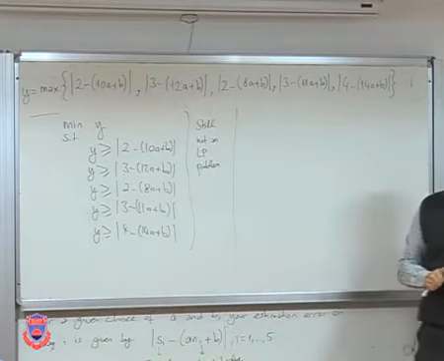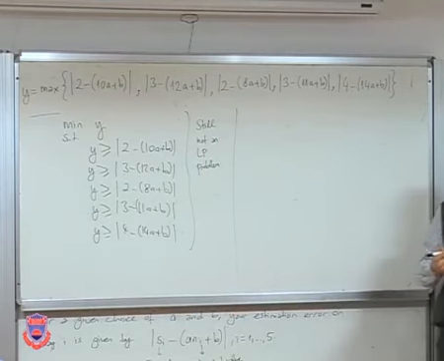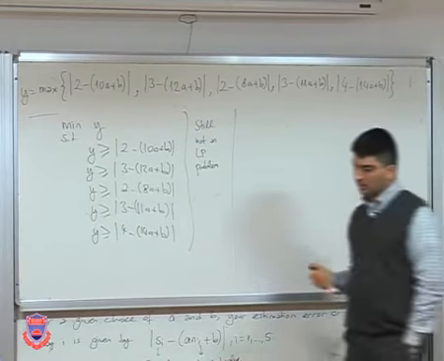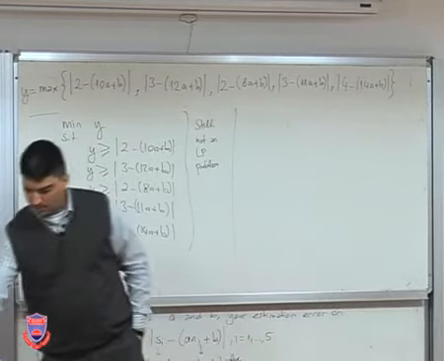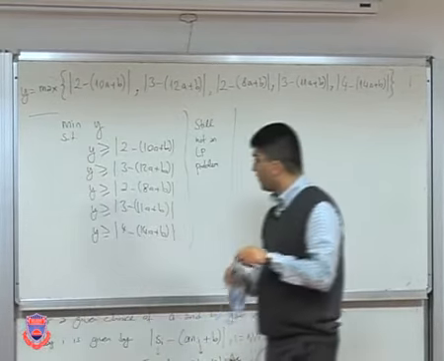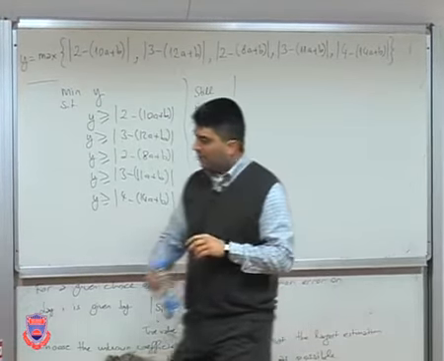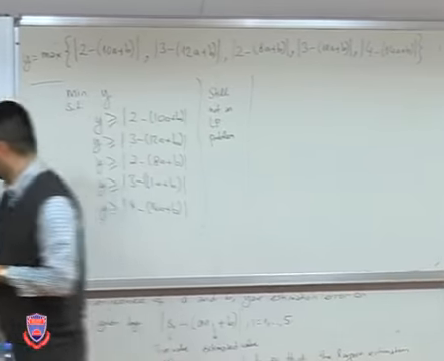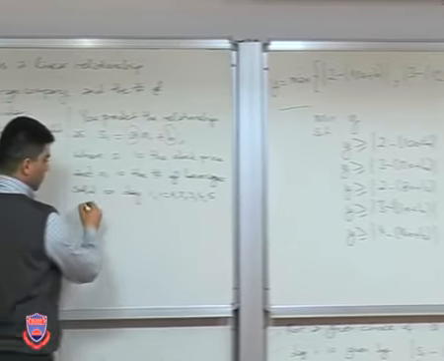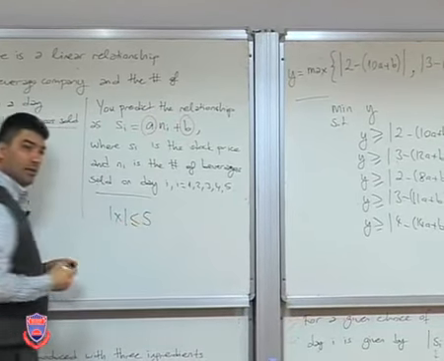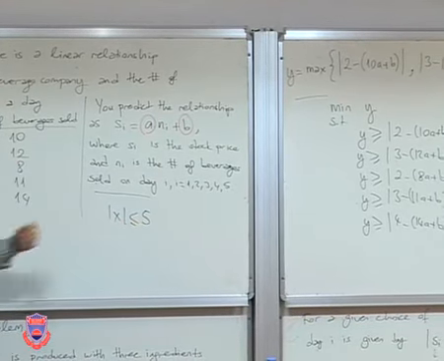So the question is the following. How can I turn this, or can I turn this into an LP problem? Well, let me ask you a simpler question. For example, in calculus, you have seen inequalities such as absolute value of x is less than or equal to 5.